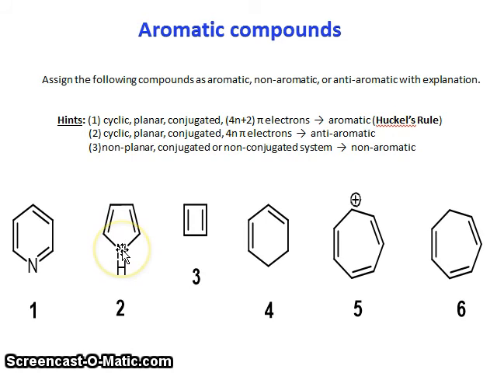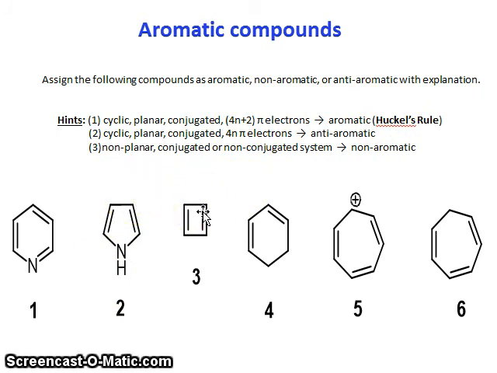So that lone pair is actually conjugated through the ring. So how many electrons can you figure out in this ring? It will be 1, 2, 3, 4, and then the lone pair, that means 2 electrons, so a total of 6 electrons, which satisfies Huckel's rule. So this compound pyrrole is an example of an aromatic compound.